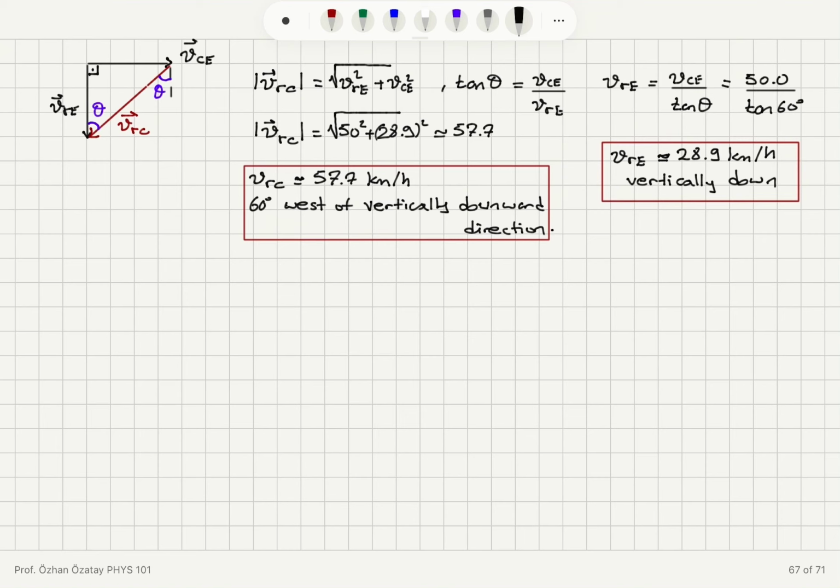So we can find the magnitude of the raindrop velocity with respect to the Earth observer to be 28.9 kilometers per hour, and it's vertically down. And the VRC magnitude is the square root of VRE squared plus VCE squared using the Pythagorean theorem. So that is 57.7, and we already know it's 60 degrees west of the vertically downward direction.